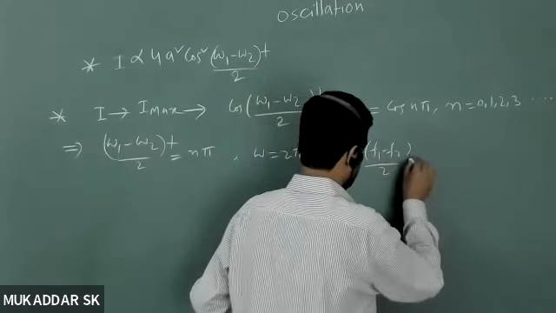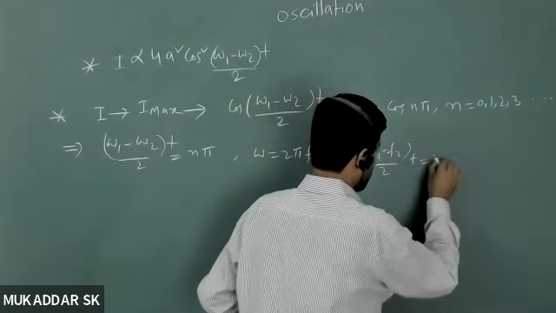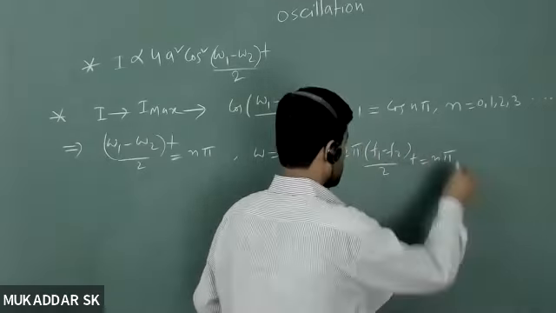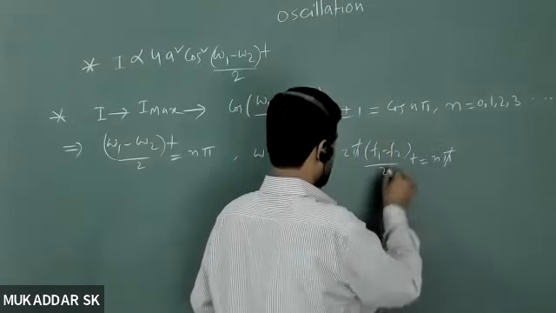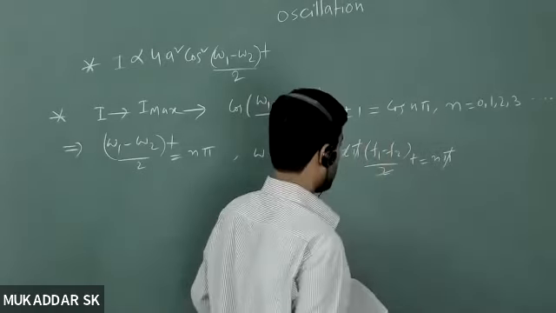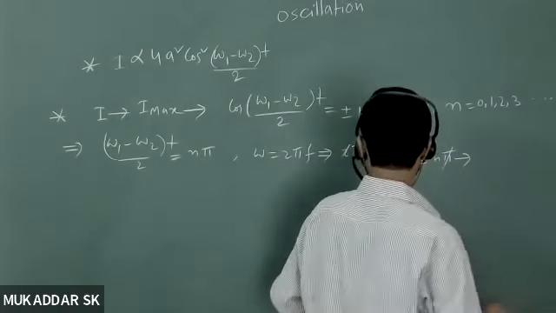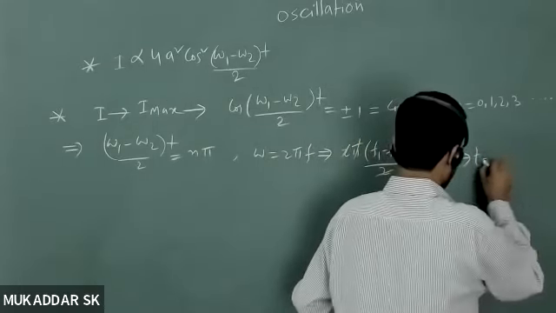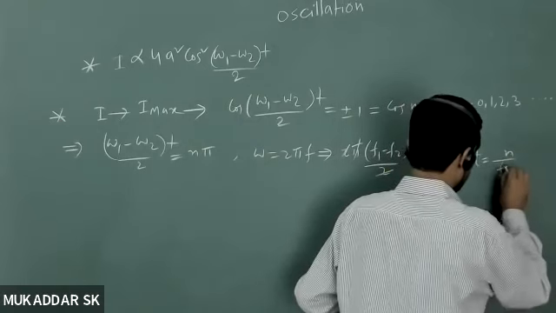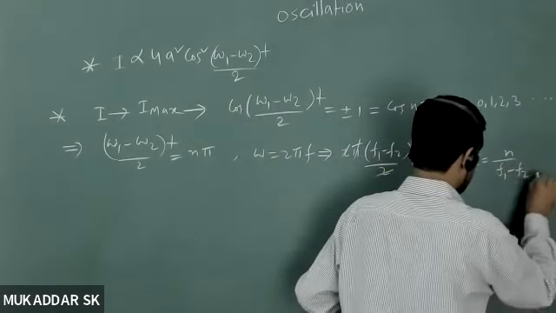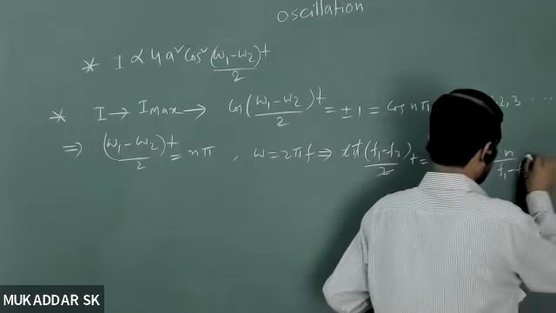Divided by 2 into t, that should be equal to n pi. So this pi will be cancelled, 2 will be cancelled, right? So it means t will be n by (f1 minus f2), and n you have taken that is 0, 1, 2.